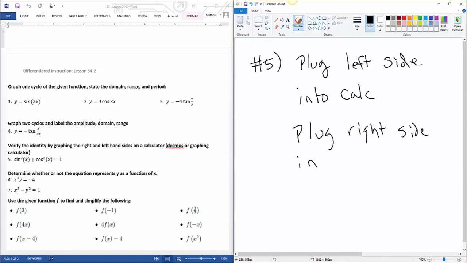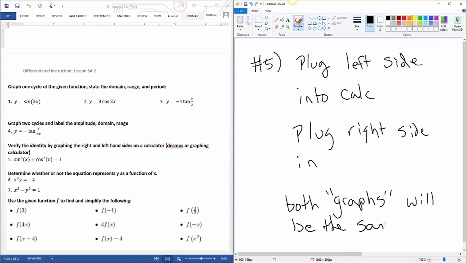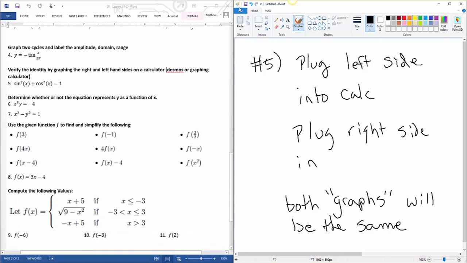And what should happen is both lines should be the same. Both graphs or lines, because that's what it's going to end up being, will be the same. Or at least show that they're going to be the same. Okay, next one.